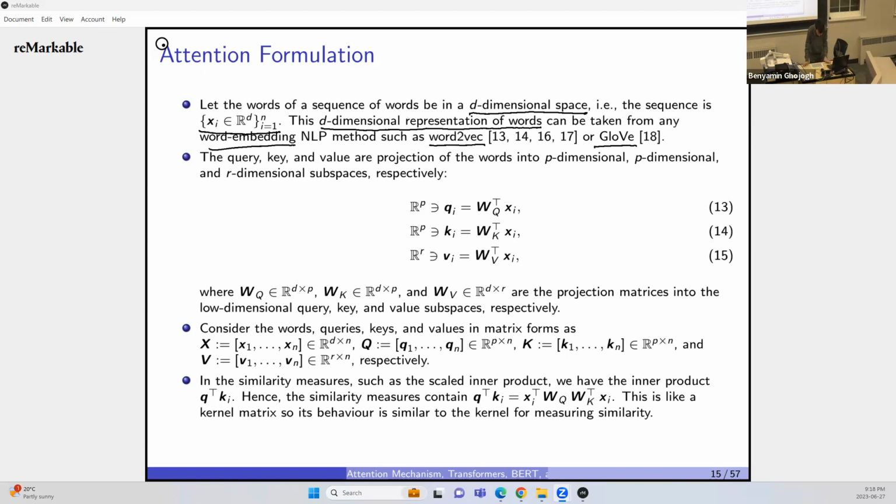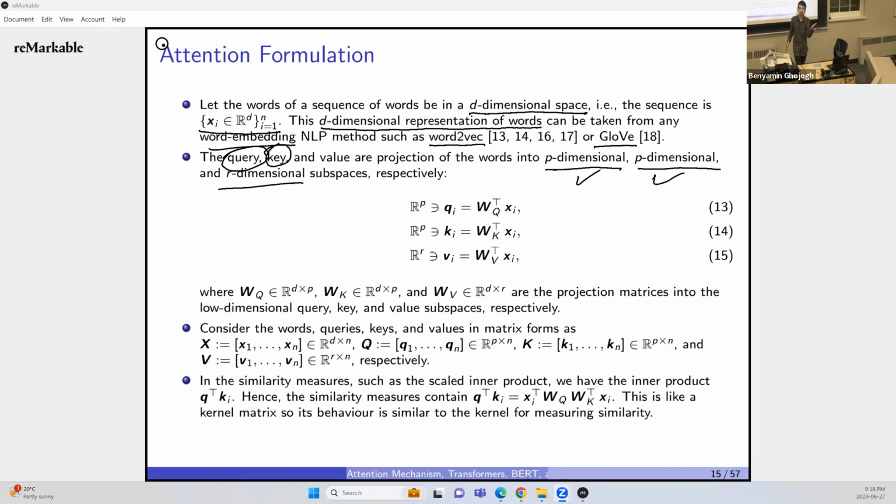Then the query, key, and value are projections of the words into p-dimensional and r-dimensional subspaces. For query and key, they are both p-dimensional. Why? They must have the same dimension because I'm using their similarity.